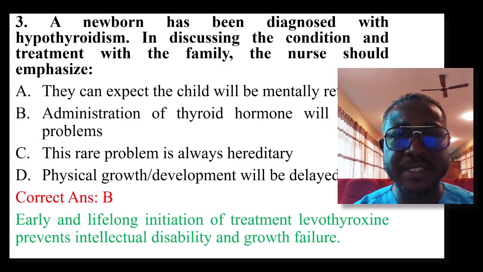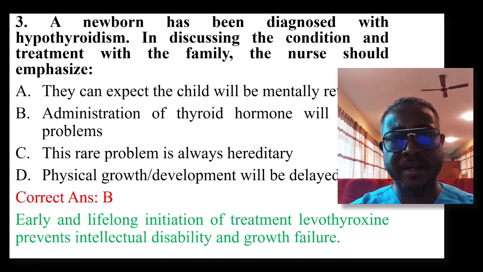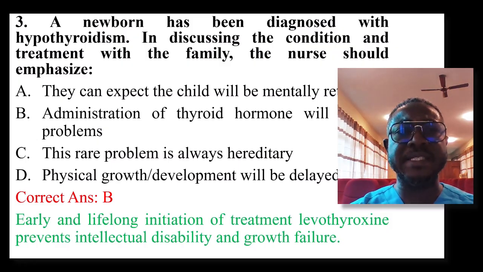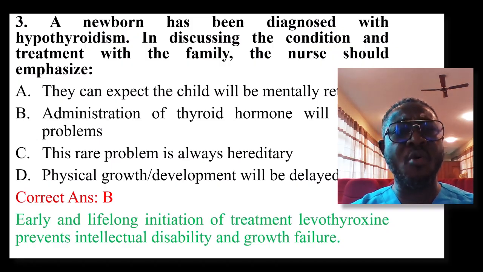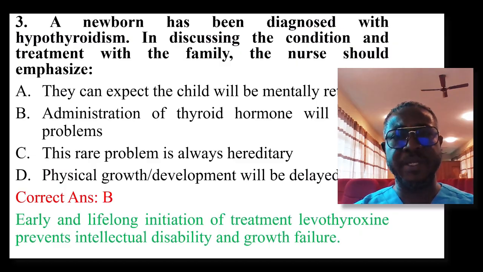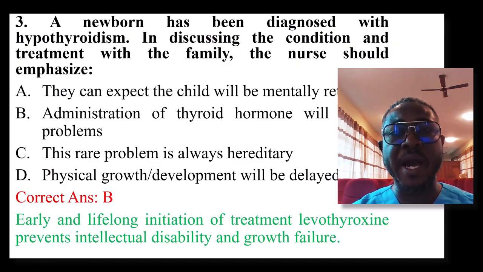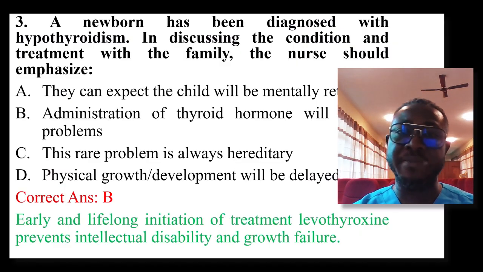Now, when you look at the stem of the question, in educating a family member whose ward or kid has hypothyroidism, you will educate the patient on all of A, B, C, D, but we are looking at the one you stress, the most important one, and the answer is B, because early and lifelong initiation of treatment with levothyroxine will help to prevent intellectual disability and also improve growth and development.